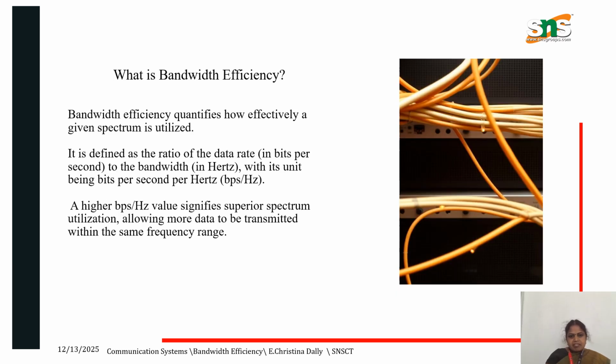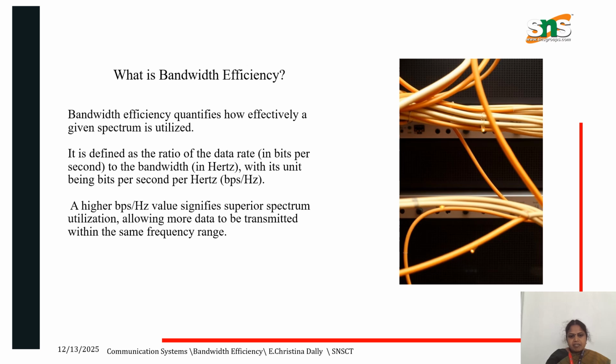What does bandwidth efficiency mean? Suppose we are allocated a spectrum, we have to check how the spectrum is utilized. So we have to quantify that network, how it is related to the bandwidth as well as the data rate.